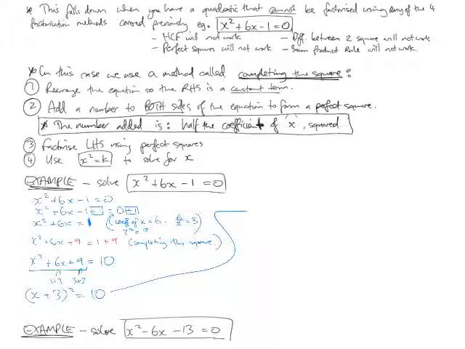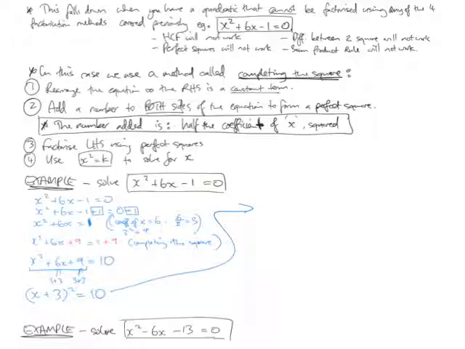So I'm going to continue my working out there. So I factorize using perfect squares, step 3. Step 4, use x squared is equal to k to solve for x. Well, for x plus 3, the opposite of squaring something is the square root. So it's going to be plus or minus the square root of 10. And then the opposite of adding 3 is taking 3.